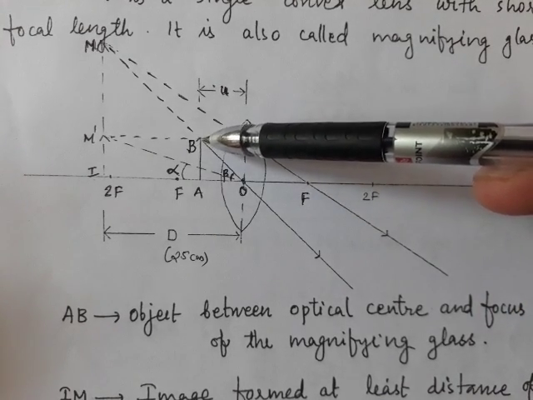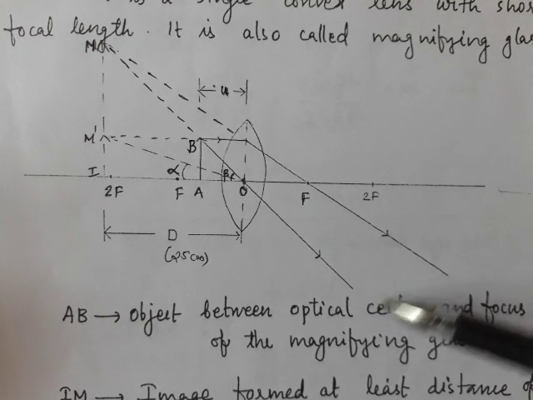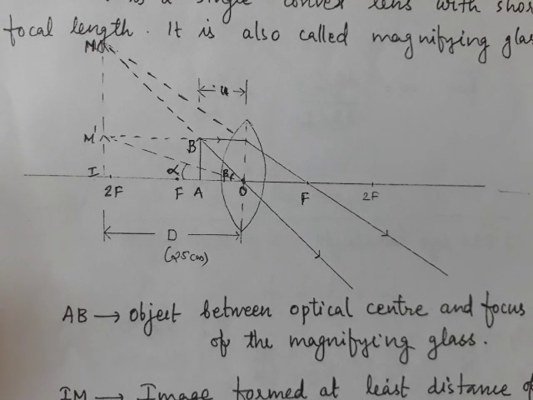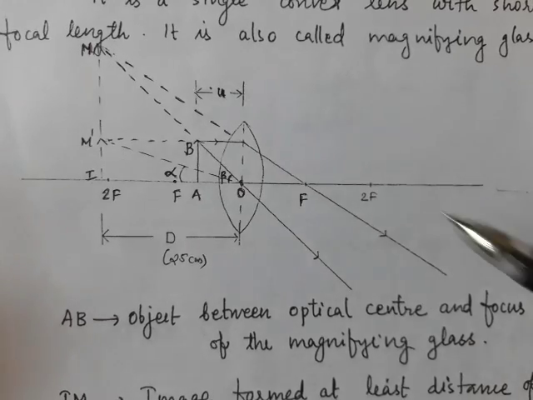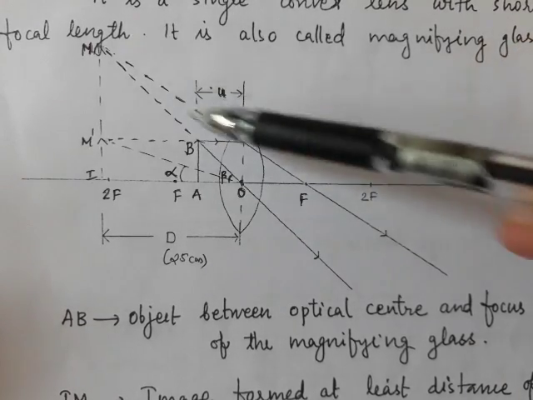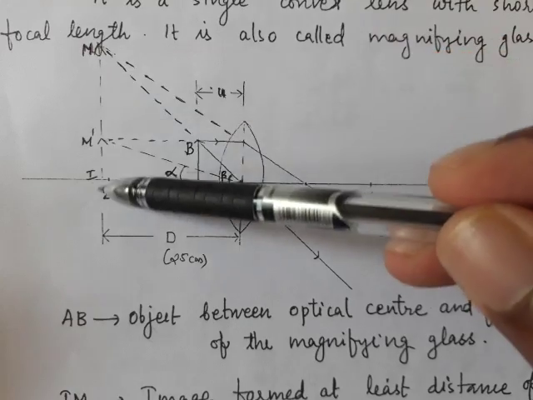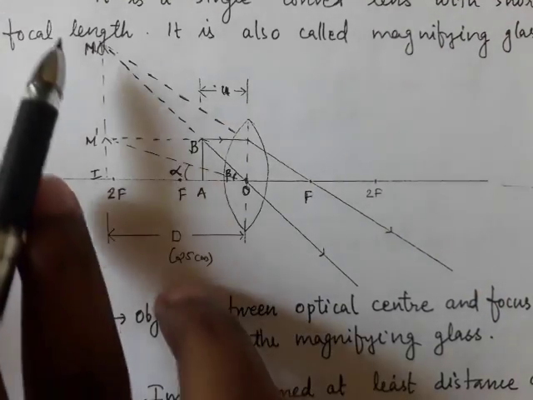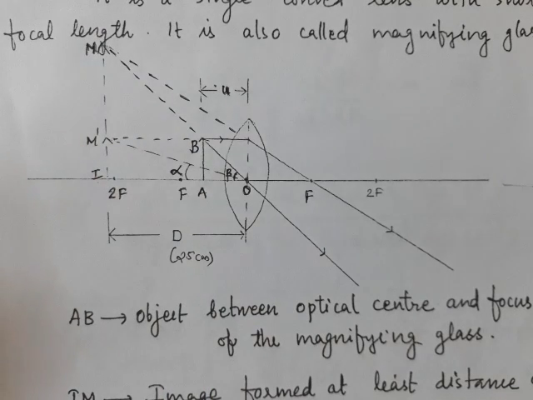Now extend these two rays, because these two are not joining anywhere. In that case we get a virtual image and not a real image. So in all such situations we extend the rays and you get a point here. This is the image formed, that is IM. Suppose this is I and this is M, IM stands for the image formed here. So the object is AB, the image formed is IM.